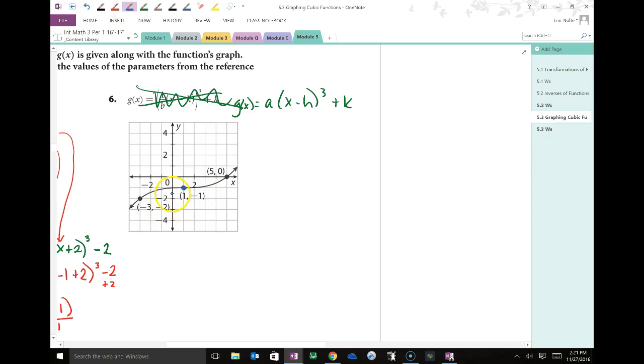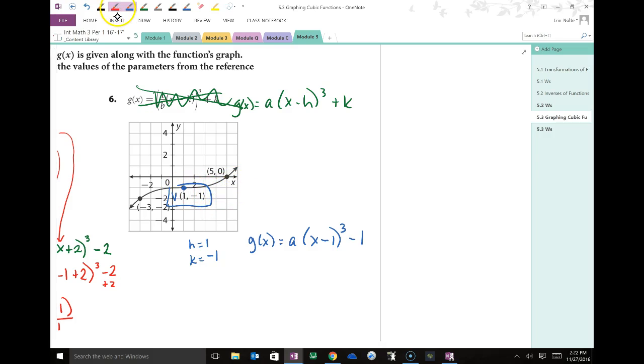I found my h to be 1 and my k to be -1. If I plug that in, I have a times (x minus 1) cubed, minus 1. Now I'm missing my a, and I can't use my quick slope idea because this is not one horizontal unit away.